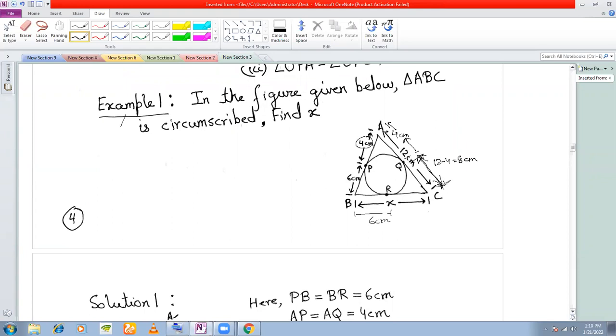This is the length of the tangent drawn from C. Also, CR is a length of the tangent drawn from the point C. They must be equal. So if this is 8 centimeter, this is also 8 centimeter. And hence, what is the value of X? 8 plus 6 is equal to 14 centimeter. Any questions?